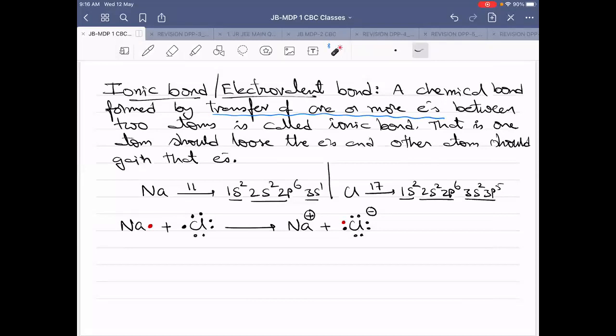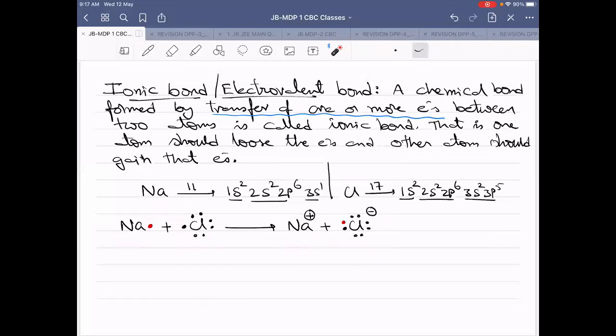So this process of transfer of electron from one atom to another atom is called ionic bond formation. You may ask, sir, where is the bond here to call it an ionic bond?